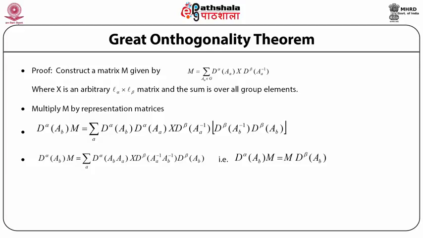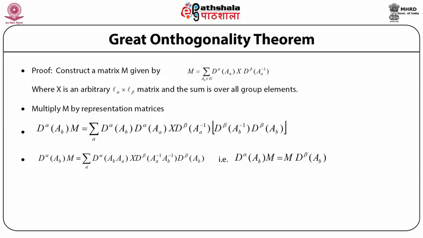we get D alpha(B) M is equal to sigma over A, D alpha(B) D alpha(A) X times D beta(A inverse) into D beta(B inverse) D beta(B), because D beta(B inverse) into D beta(B) is unity, so I can just multiply it with that.